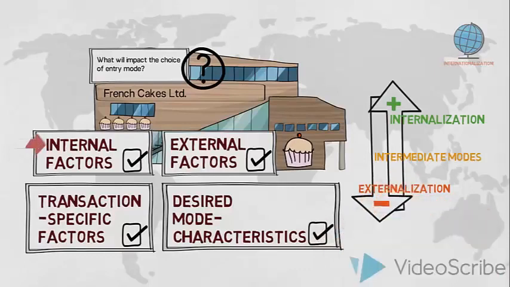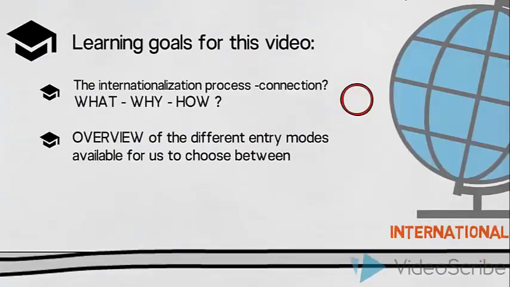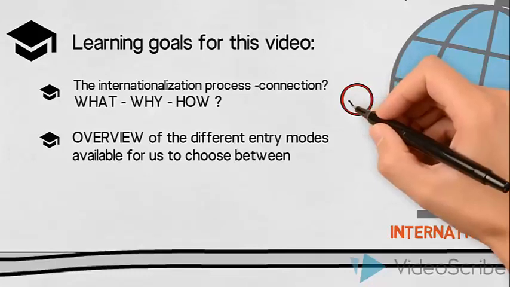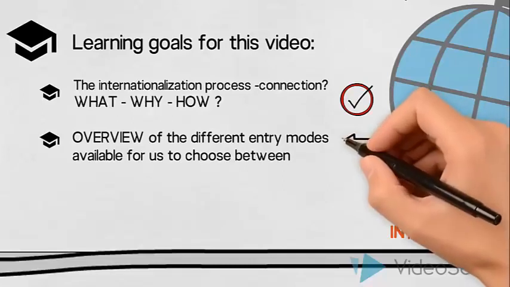Conducting a systematic evaluation of all 4 sets of factors has enabled us to recommend a suitable entry mode for French Cakes. We have now established what an entry mode decision is and why we need to know about it. We have also gained knowledge of how to evaluate 4 sets of factors, which will help us decide on a suitable entry mode. And we have established the connection to the rest of the internationalization process.